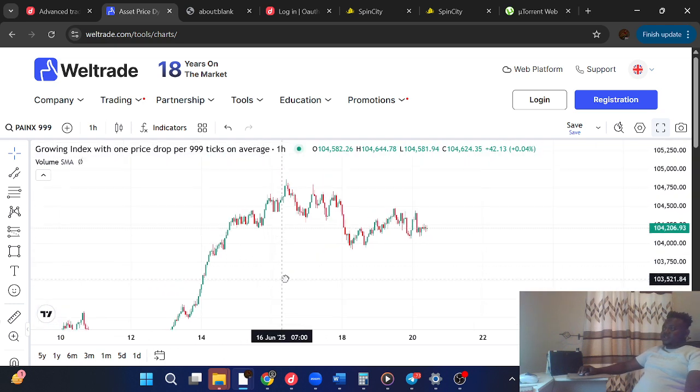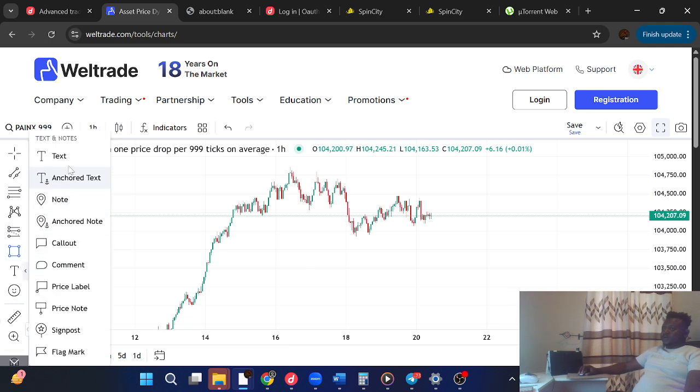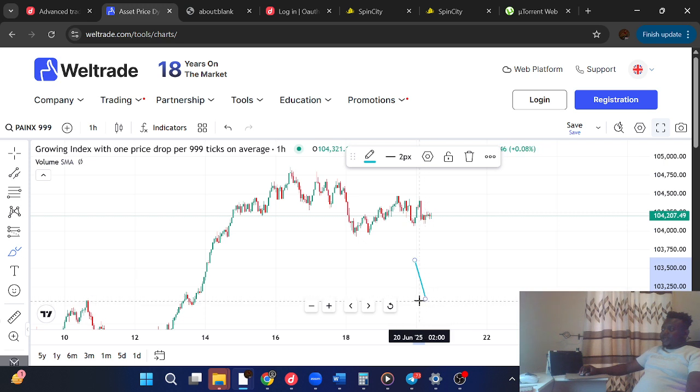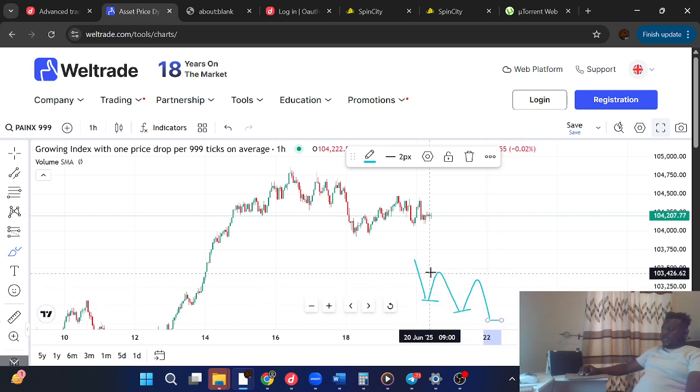So like always, the first thing we do is look for the trend. We want to see if we're in an uptrend or a downtrend. So in a downtrend, we are creating lower lows as we go down, right?